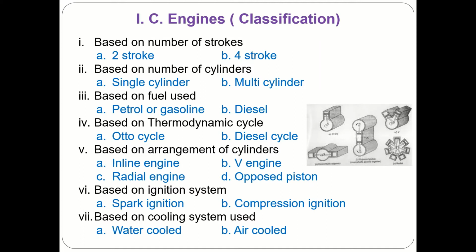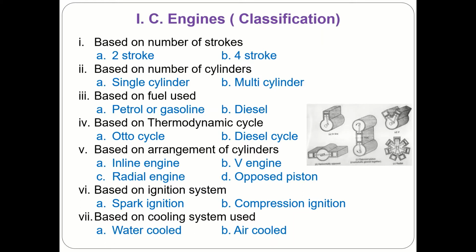Then based on number of cylinders, you can have a single cylinder engine or a multi-cylinder engine, where the number of cylinders is more than two. A single cylinder engine is generally used in applications where power requirement is low, like two-wheelers, and multi-cylinder engines are used where you require more power, like in four-wheelers and trucks.